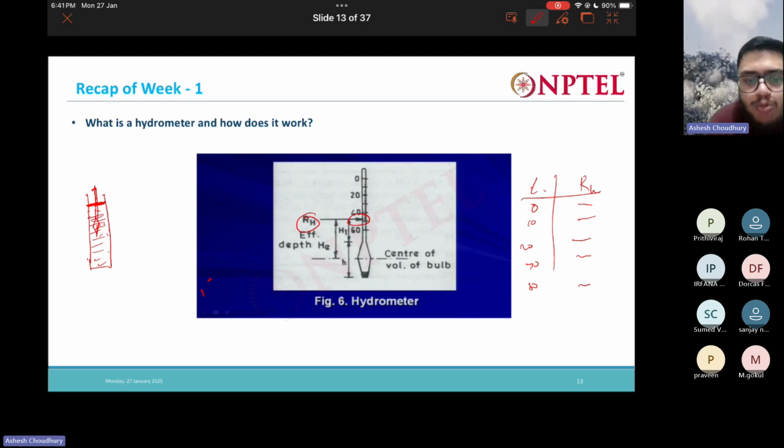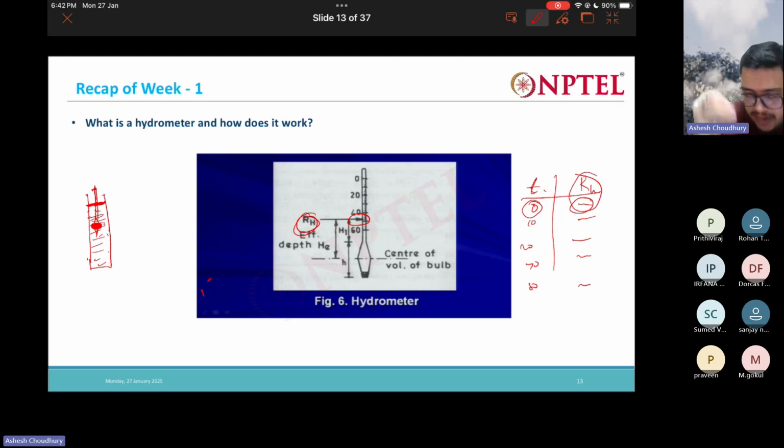Okay, so essentially what the hydrometer is doing is that it is relating the time to this RH. It is the hydrometer, this effective depth, and this effective depth is nothing but the representation of the density at this point of the soil suspension.